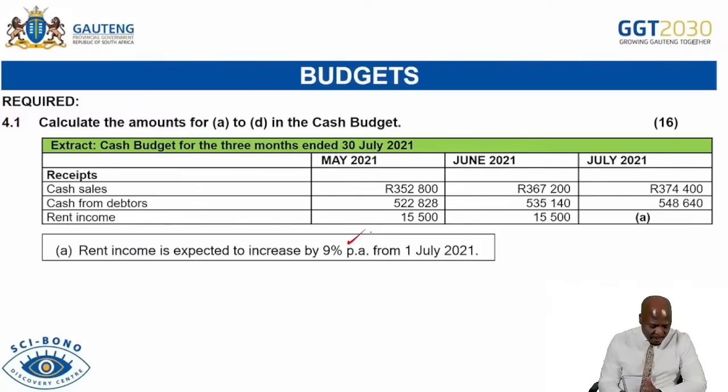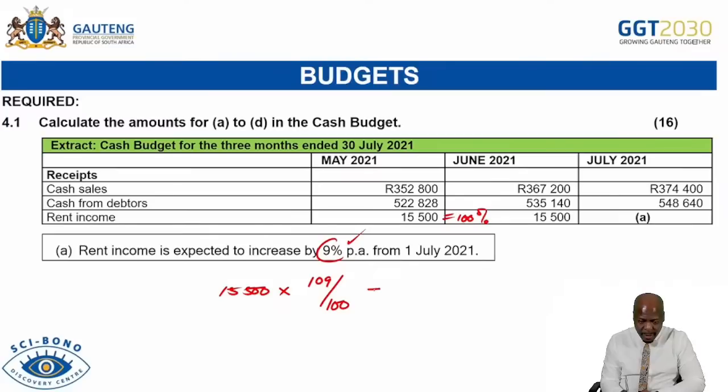So this one is a bit easy because we are given the 15,500 and we know that rent income is going to increase by 9%, so we know that the 15,500 is 100%. So if I'm to calculate, I need 109 over 100. This one is much easier. So I'll get my 16,895.